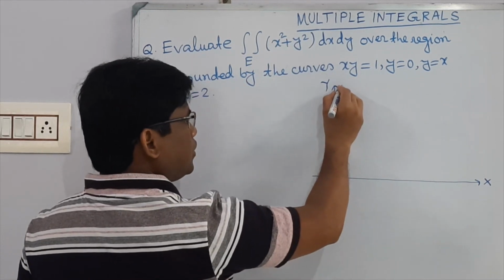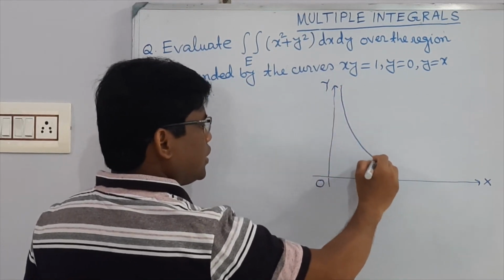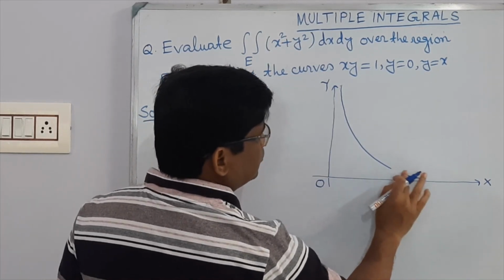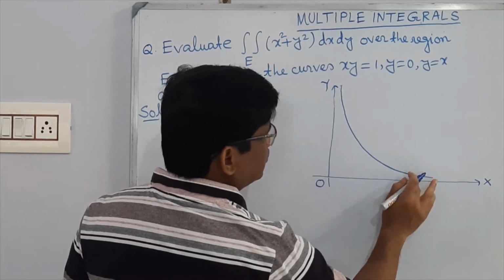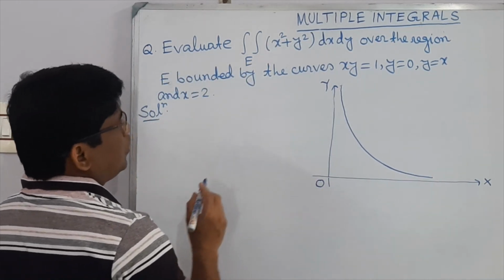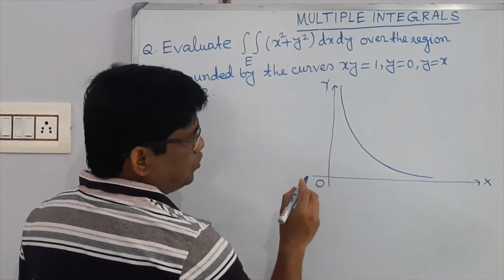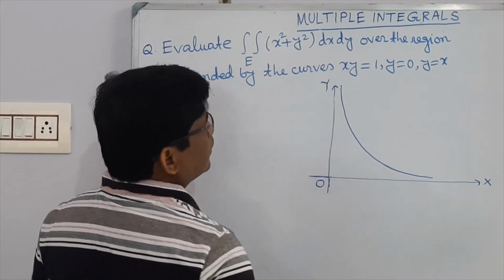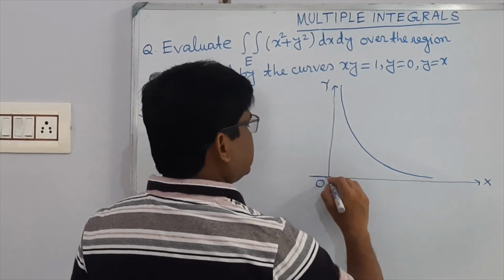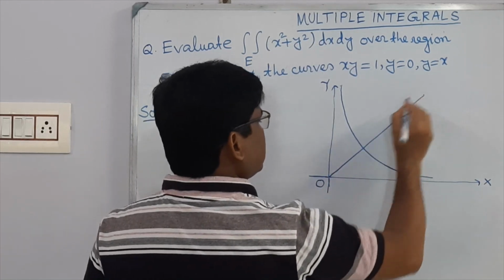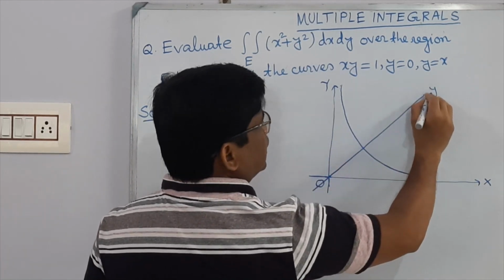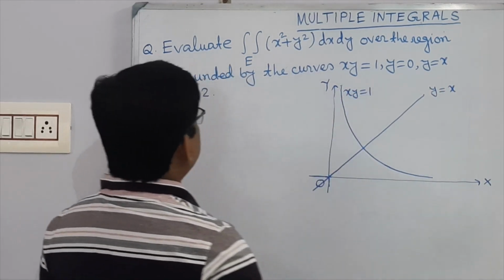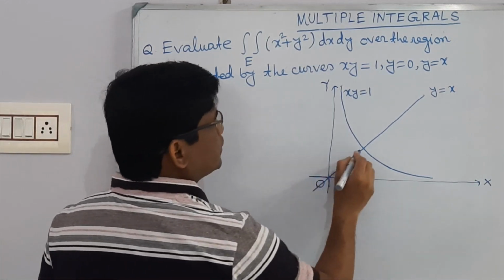The curve xy is equal to 1 represents a rectangular hyperbola. y is equal to 0 represents the x axis. y is equal to x is a line, and x is equal to 2 is also a line.